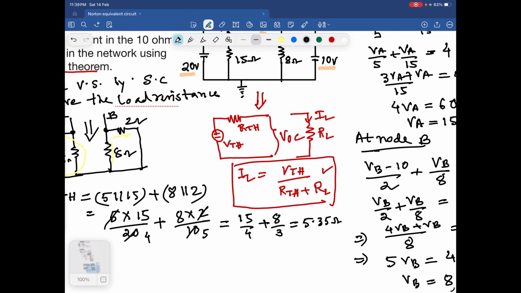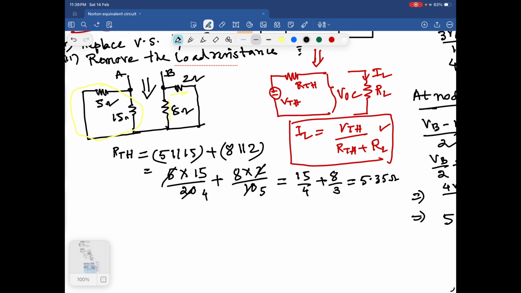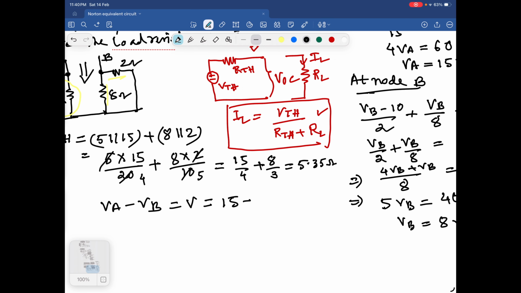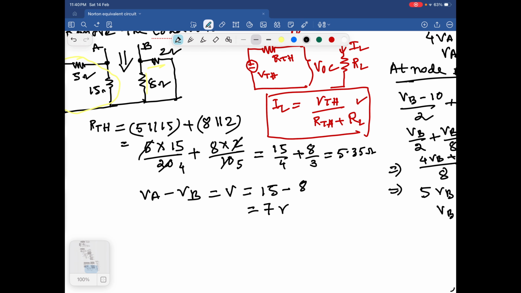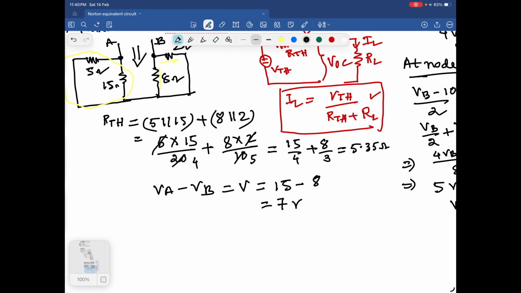Now the potential difference VA minus VB, say this one is V. This is equal to 15 minus 8, 7 volt. Now we have the open circuit voltage.